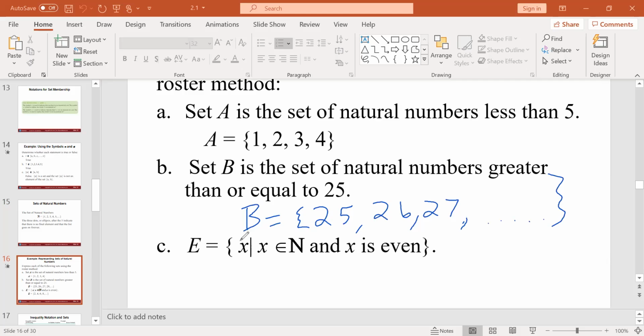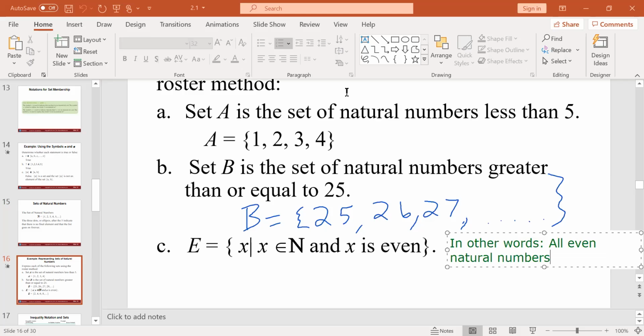All x such that x is an element of the naturals and x is even. In other words, all even natural numbers. Right.